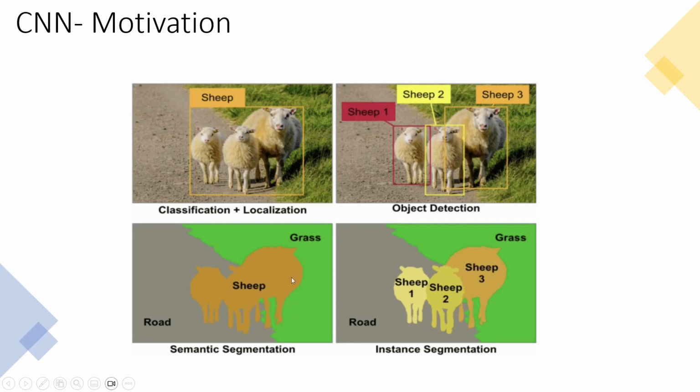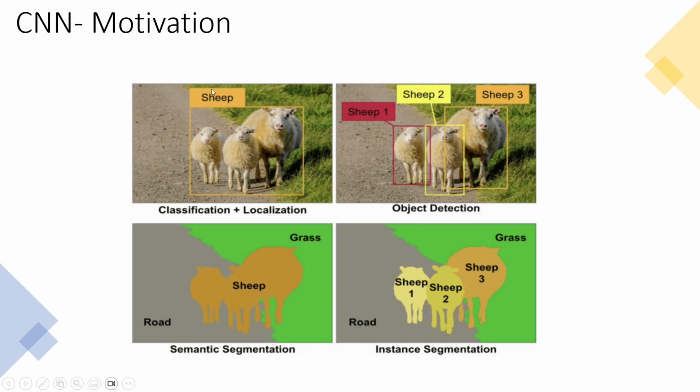We have another problem called semantic segmentation, where we can use convolutional neural networks. In this problem, you are trying to segment the image in a way that all the things that function in the same way are segmented together. For example, this part of the image is grass, right?